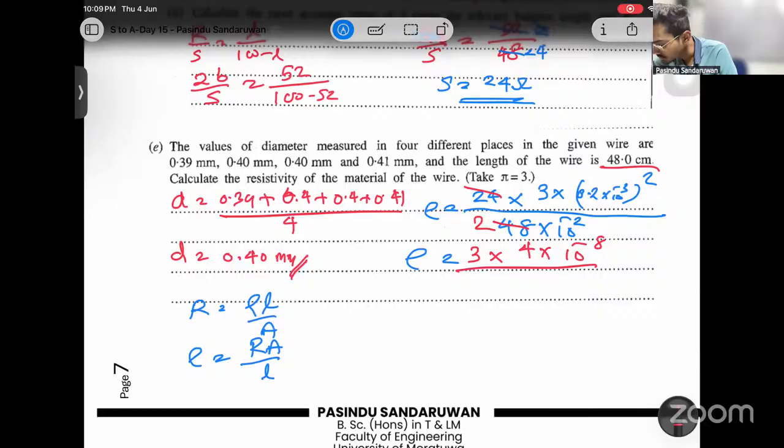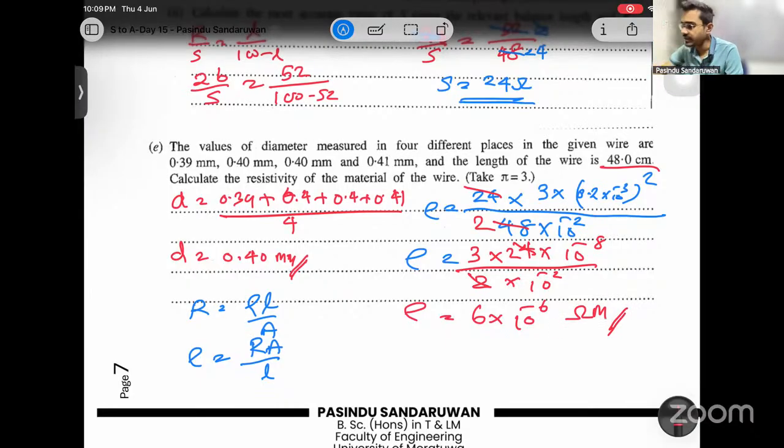Over this is 2 times 10 to the minus 2. Then 2 to 4 cancels 2. Then rho is 6 times 10 to the minus 6.